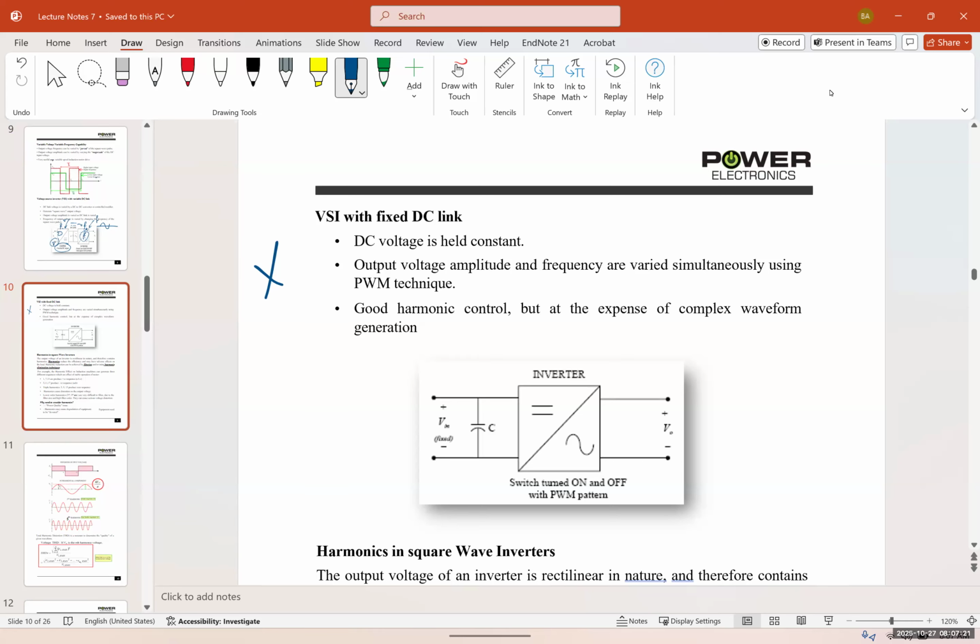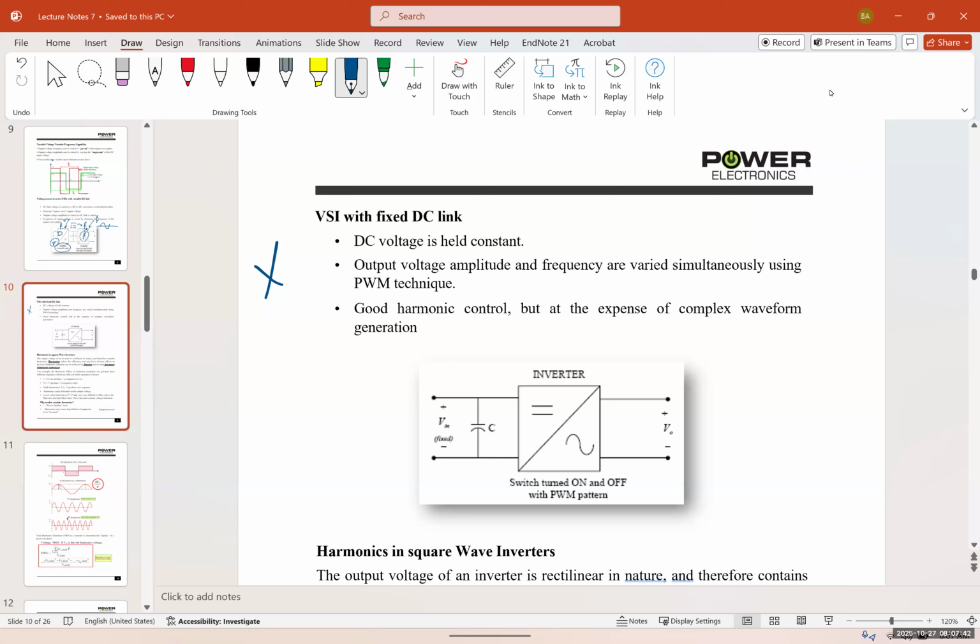So for a VSI with a fixed DC link, the DC voltage is held constant. Again, the reason is that we want a constant amplitude at the output AC signal. The output voltage and frequency are varied simultaneously using PWM techniques.